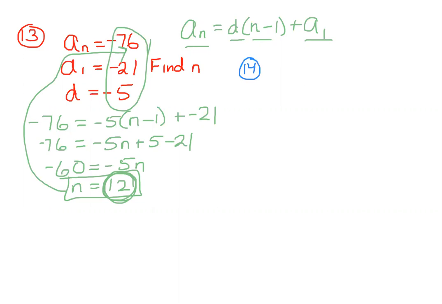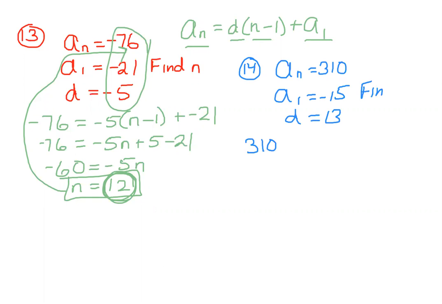Number 14, we have AN equals 310, A1 equals negative 15, and D equals 13. This is the same kind that we just did. So we're finding N. So we want to know what term is 310 in this sequence.